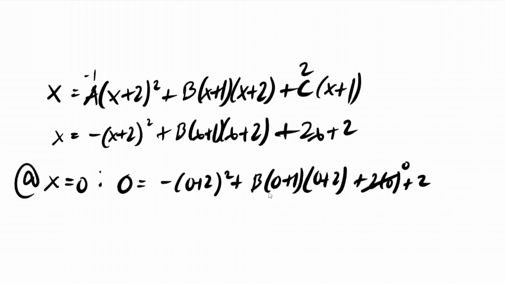This will become 2 here, and this will become negative 4. So if we transpose all the constants and then divide by 2, b equals 4 minus 2 over 2, which equals 1. And that is our b.